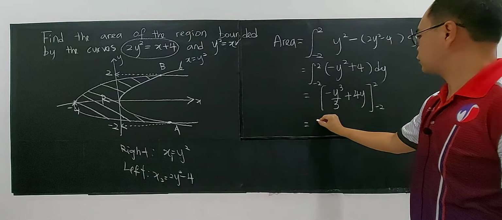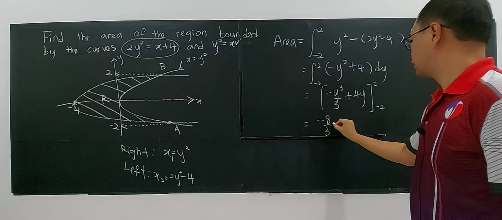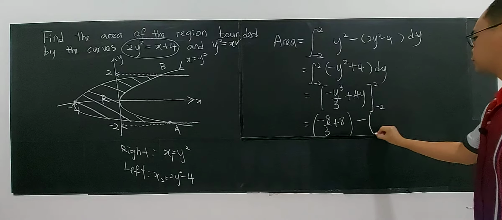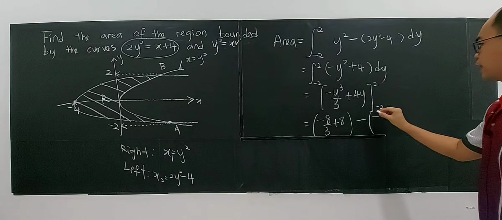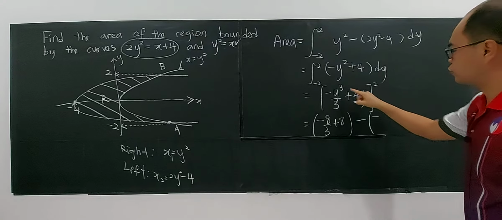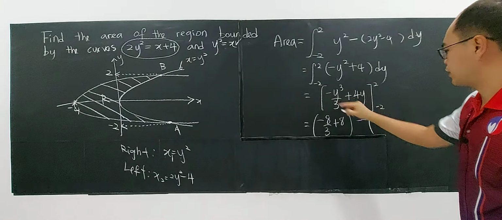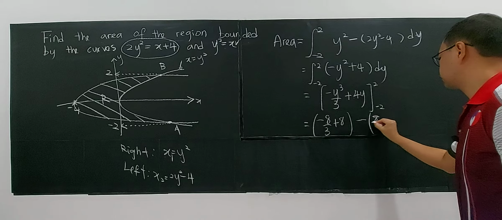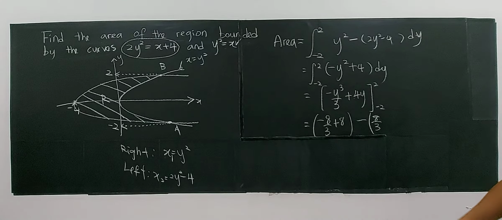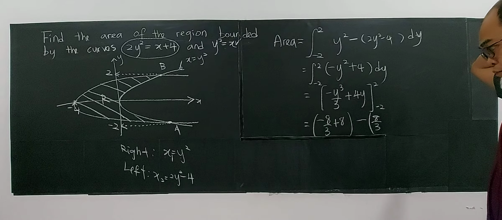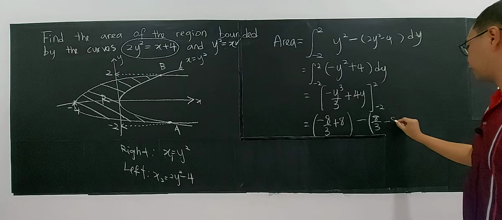Substituting, you have negative 8 over 3 plus 4 times 2, which is 8, minus, with negative 2, don't forget negative 2 to the power of 3, which is negative 8, so you get positive 8 here, and 4 times -2, you have -8.